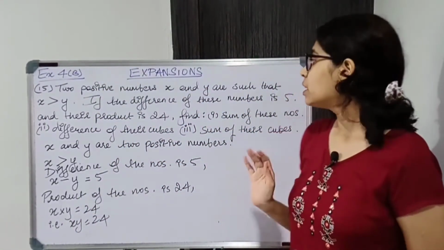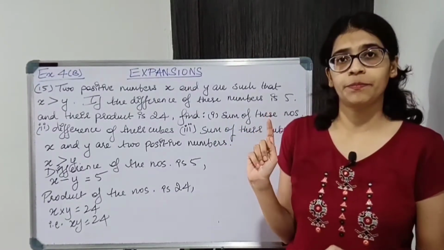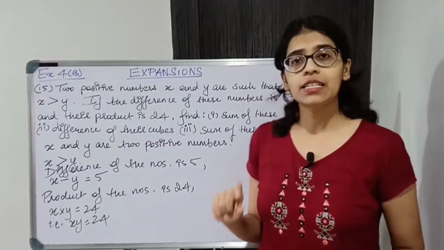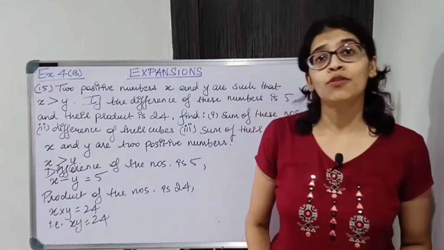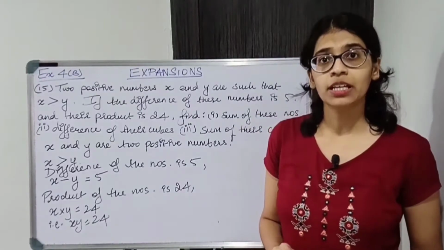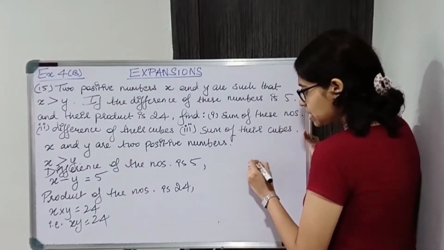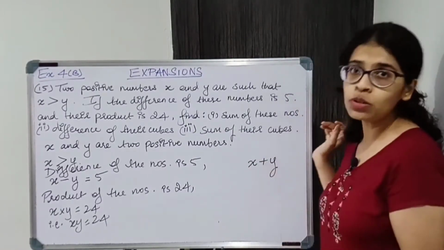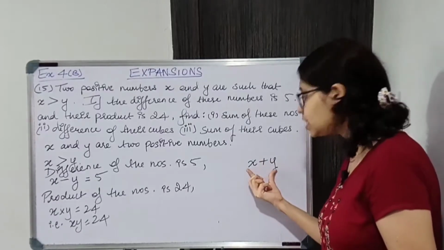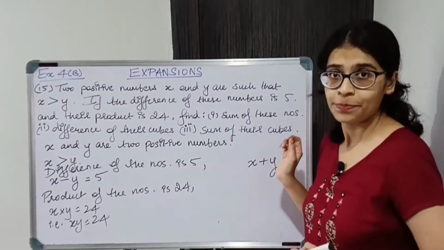Okay. Now we have to find first part mein sum of these numbers. Sum of these numbers. I know difference of these numbers. I don't know the sum of these numbers. So we have to find in first part sum, that is addition of these numbers. There are two numbers given, so addition of these numbers. Kya hai? I have to find x plus y.